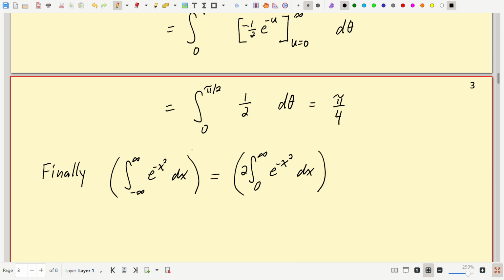Let's see, I'm going to square it. And that's, what is it? That's going to be 4 times pi over 4, which is pi.